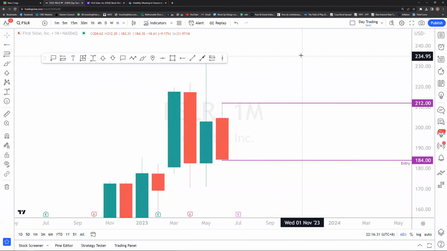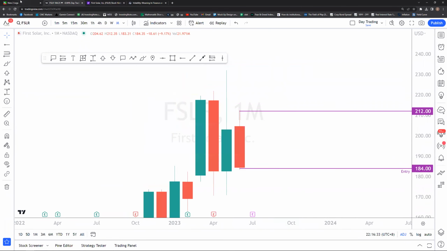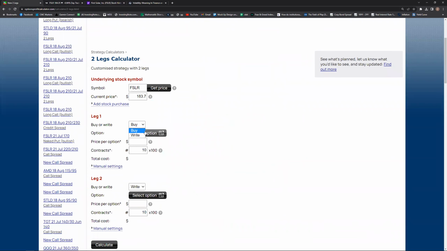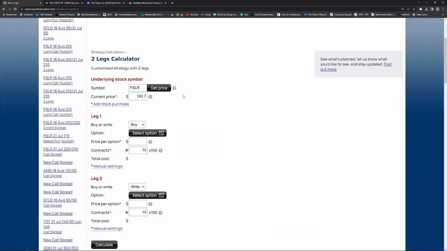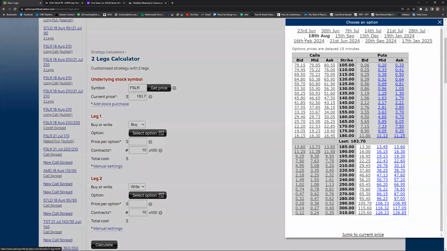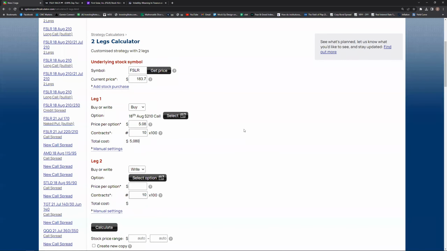So let's buy the 212. So we can set for August expiration, and then we buy the 210. There's no 212, so we buy the 210.